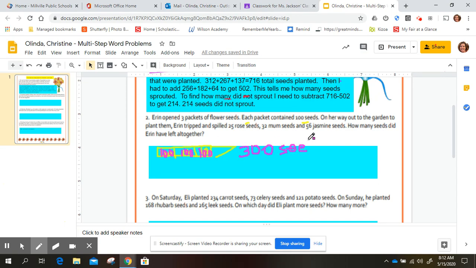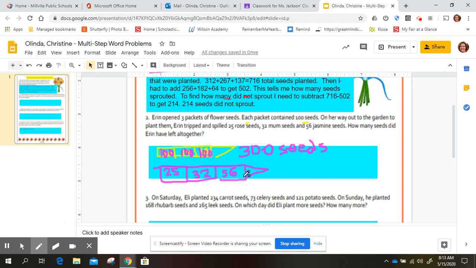But she couldn't plant all of them because she tripped and some of them spilled. So she spilled 25 rose seeds, 32 mum seeds, and 56 jasmine seeds. Now I should have drawn this smaller than 300 because this is less than 300 since each of these numbers is less than 100, but it's a bit difficult with the mouse.